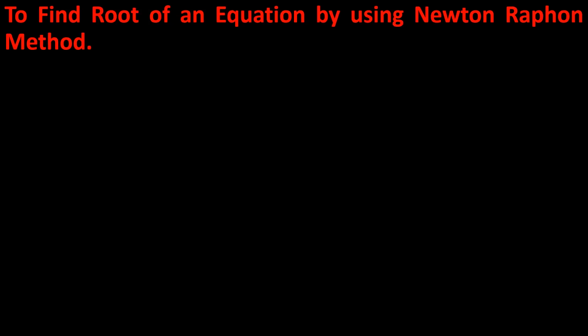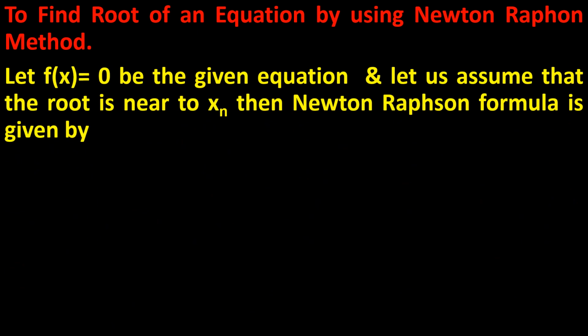To find the root of an equation by using the Newton-Raphson method, they will be giving an equation, and that equation you need to consider as f of x. The procedure is: let f of x is equal to 0 be the given equation, and let us assume that the root is near to xn.